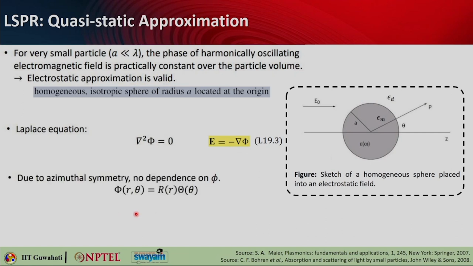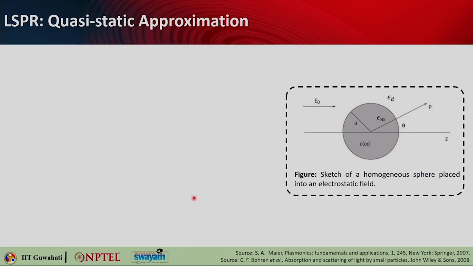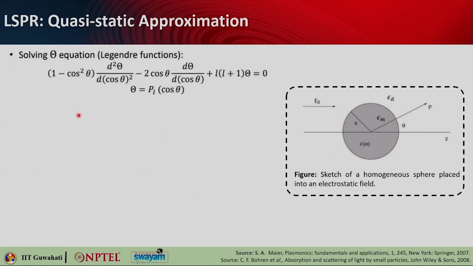So, here also due to azimuthal symmetry you can ignore the phi dependency and you can simply take the dependency on r and theta. Again the potential can be split into variables like R of r and Theta of theta, and then you solve the theta equation, it gives you again the Legendre polynomial.